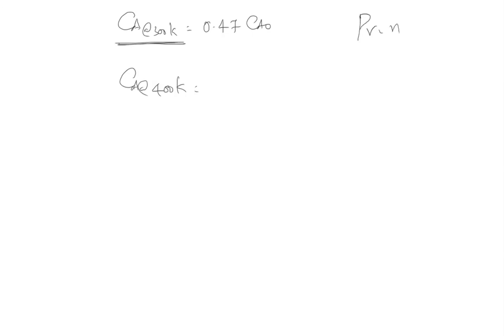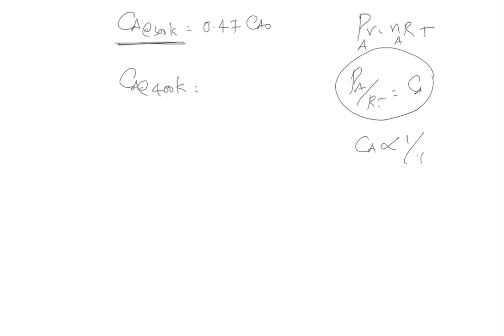PV equals nRT, so partial pressure PA equals CA into RT. PA by RT is equal to the concentration of A, so basically the concentration of A is inversely proportional to temperature. So CA at 400 Kelvin into 400 equals CA at 300 Kelvin into 300.